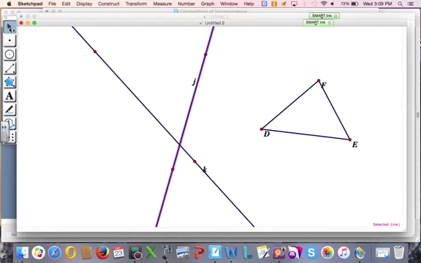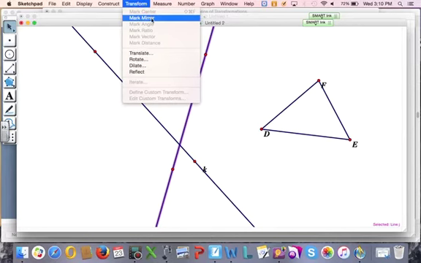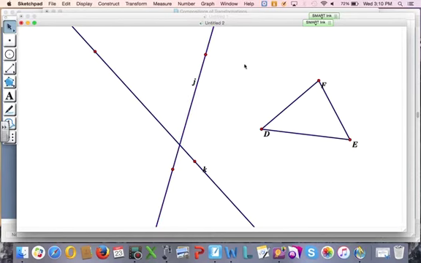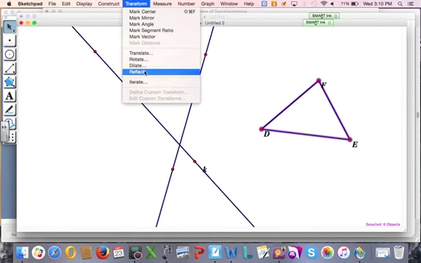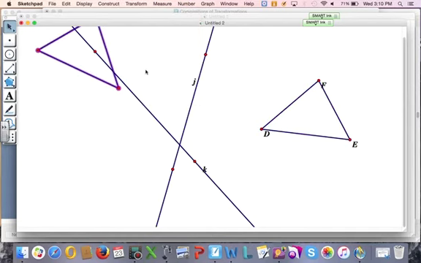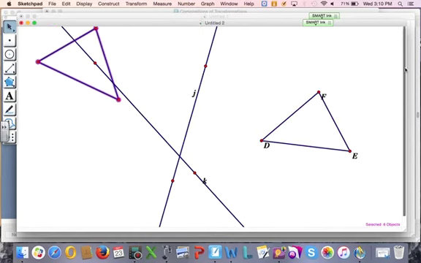It says reflect triangle DEF across line J, and then reflect that image across line K. In order to do that, I have to tell the program to mark the mirror. So I'm telling the program this is my line of reflection, and I'm taking this triangle and reflecting it. Now it's over here, and my program is very nice to me.